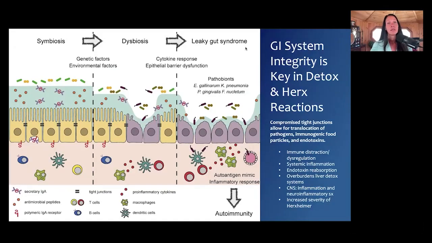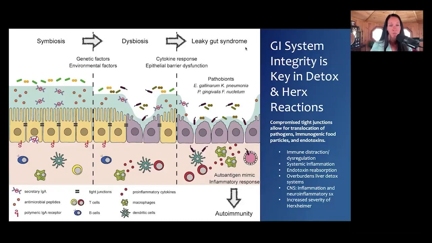And we can see here as we develop dysbiosis, where we don't have the healthy balance of good and not so good bacteria, and we start to degrade those finger-like projections and break down the brush border here. We see that we can have some translocation of LPS, maybe some undigested food matter and things like that. And then when we get all the way over to leaky gut syndrome, you can see that those microvilli are just completely gone and there's no more tight junction.